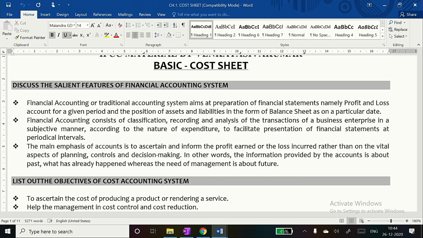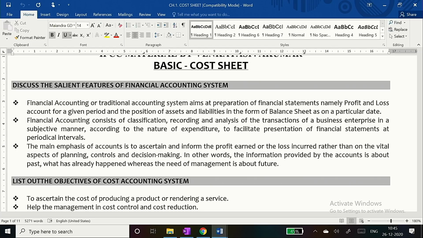The main emphasis of financial accounts is to ascertain and inform the profit earned or loss incurred, rather than our vital aspects of planning, controls and decision making. In other words, the information provided by the accounts is about past, what has already happened, whereas the need for the management is about future, what is going to happen. Fine, you are all clear.